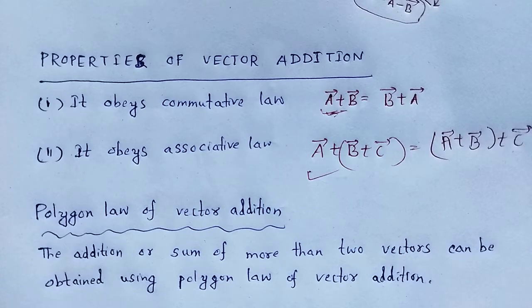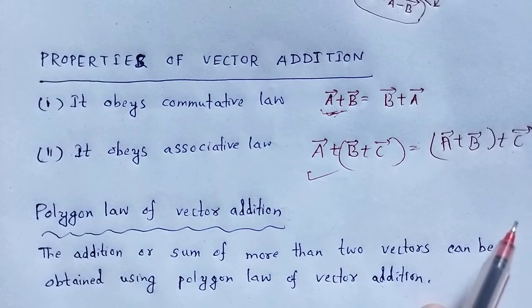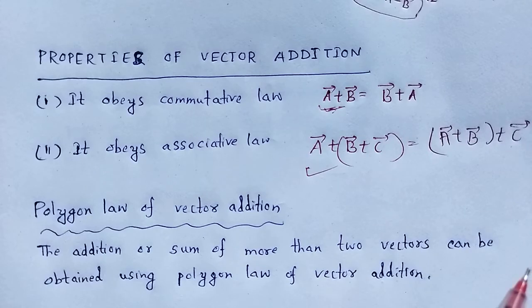But when there are more than two vectors, like 3 vectors, 4 vectors, 5 vectors and so on, then how can we add or subtract these vectors, and how do we find the resultant of these vectors? For that difficulty, we can use a new type of law, that is the polygon law of vector addition.